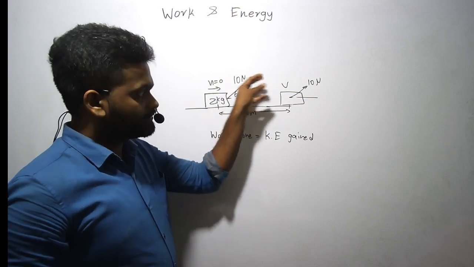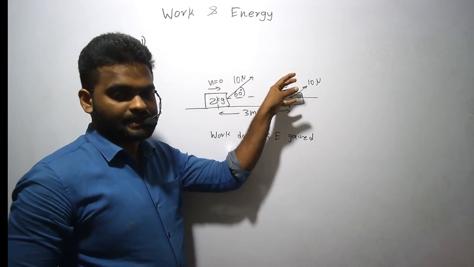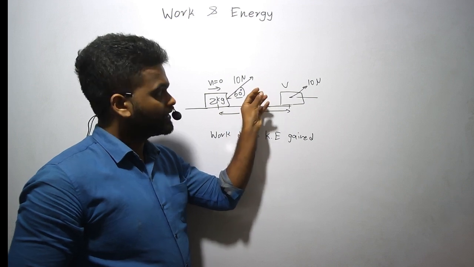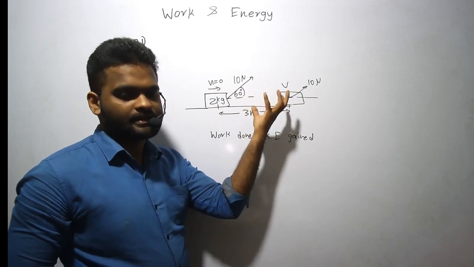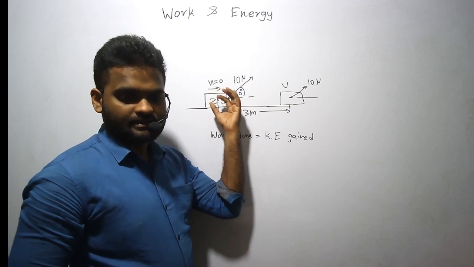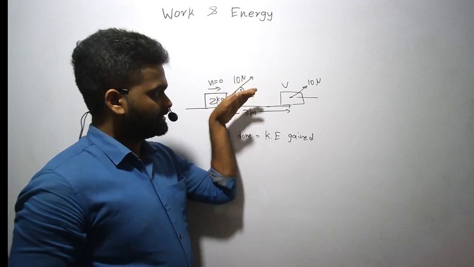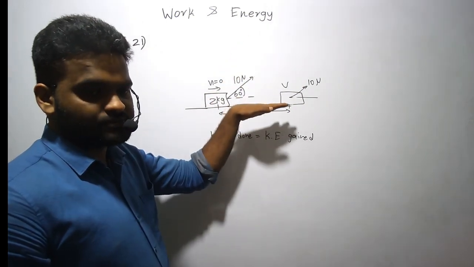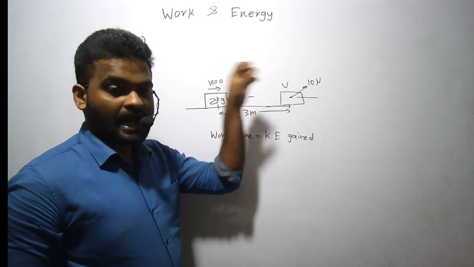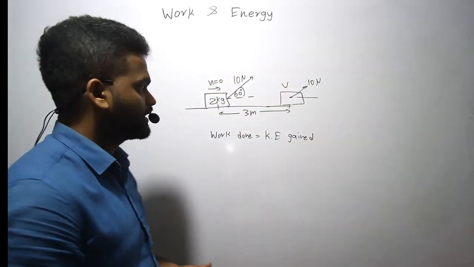When you apply a force, this leads to acceleration, then that work converts into kinetic energy. There are no other energy types. The elevation does not change, so there cannot be a potential energy. So what happens is kinetic energy increases.